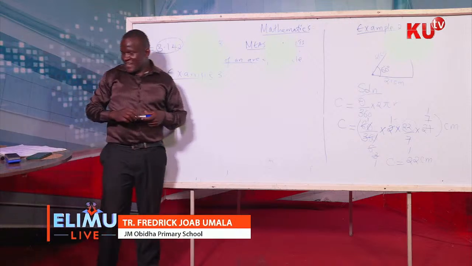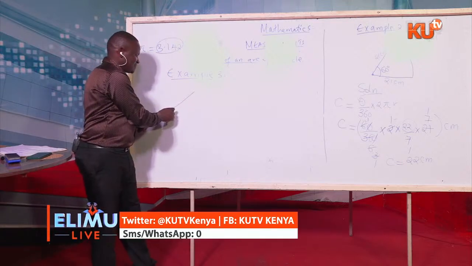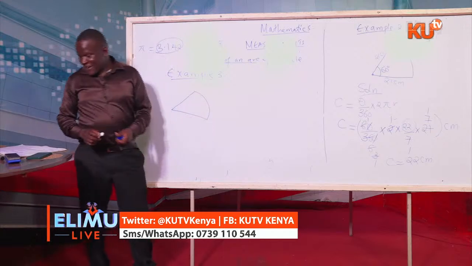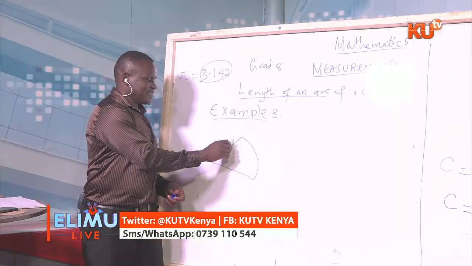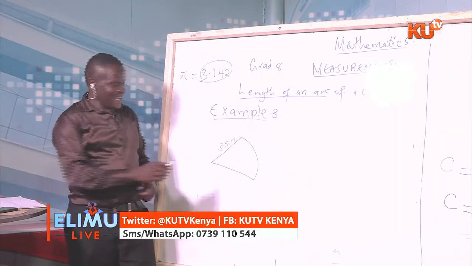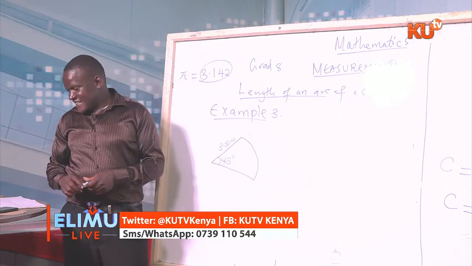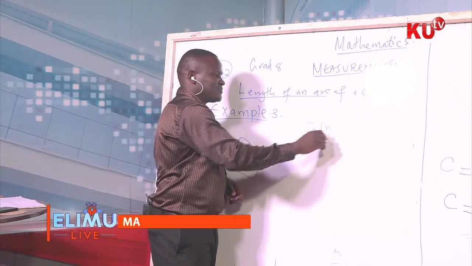Find the length of the arc of the diagram shown. So this is the diagram. That is our arc. Radius is 3.5 centimeters, and the angle that is subtended is 45 degrees. So, solution.